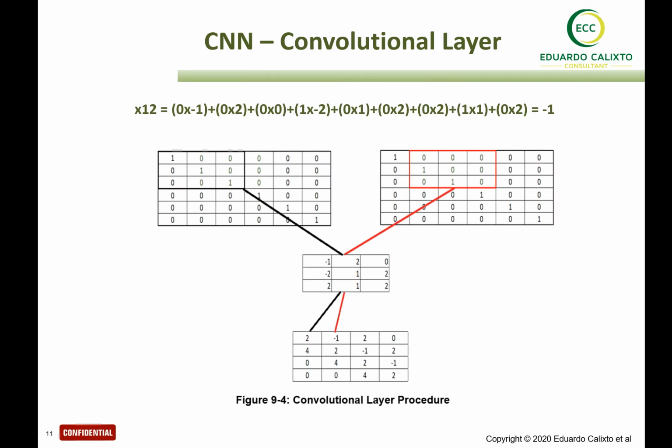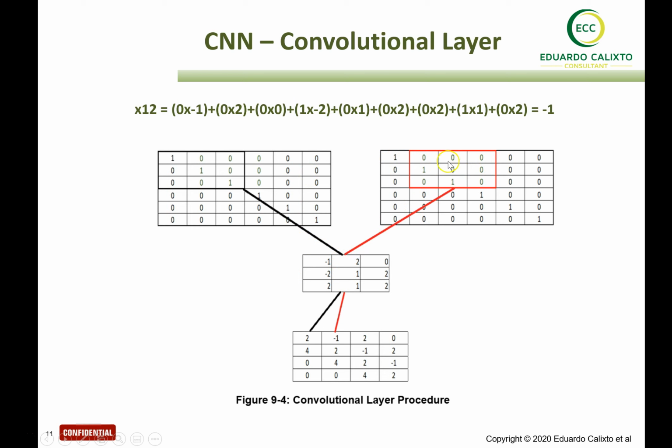And that's what I've got here. So I have 0 multiplied by -1, 0 multiplied by 2, 0 multiplied by 0, plus 1 multiplied by -2, plus 0 multiplied by 1, and so on. And then I've got the second element, -1.